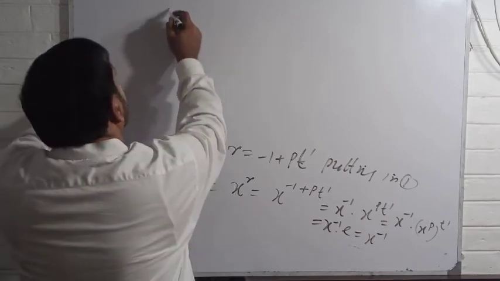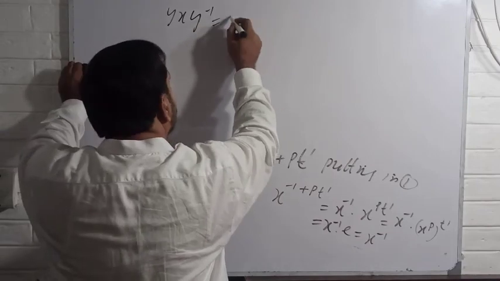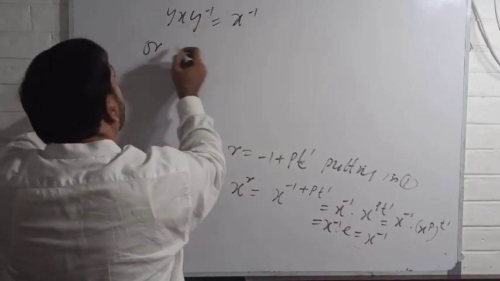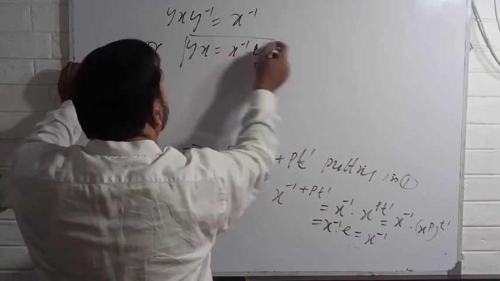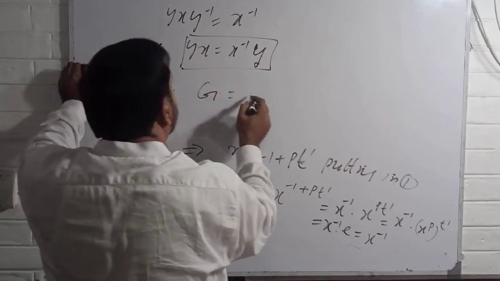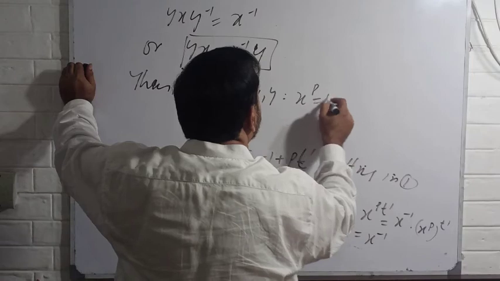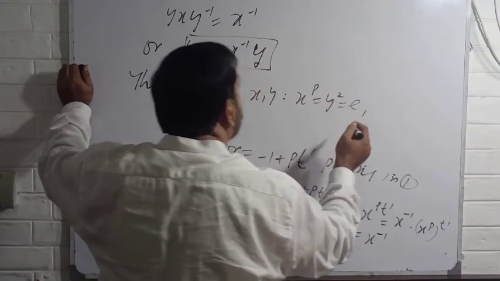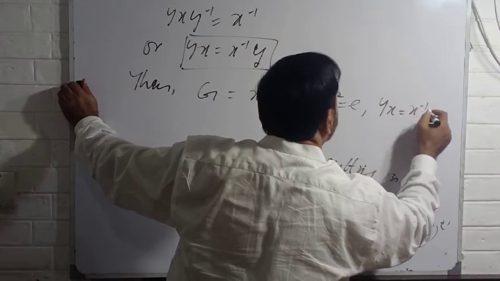So from here, you see that yxy inverse is equal to x inverse, or yx is equal to x inverse y. Thus G must be equal to the group generated by x and y, such that x to the power p is equal to y squared is equal to e, with yx equal to x inverse y.